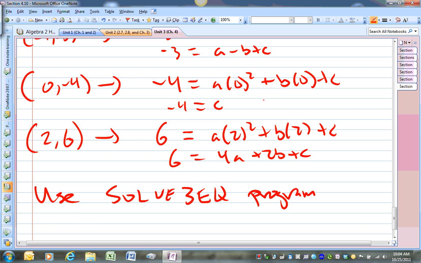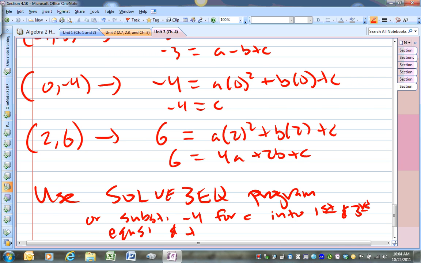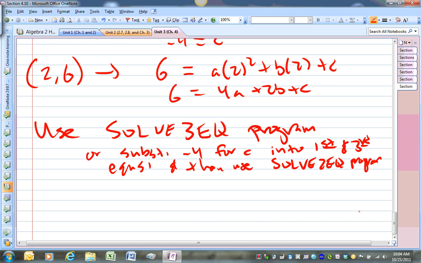Or you can substitute -4 for c into the first and third equations, and then use the solve 2eq program. So totally up to you.